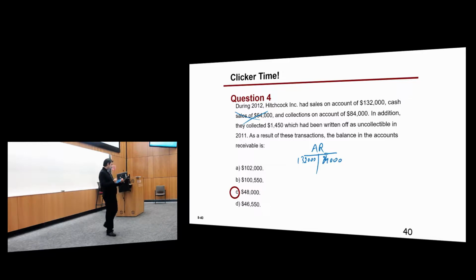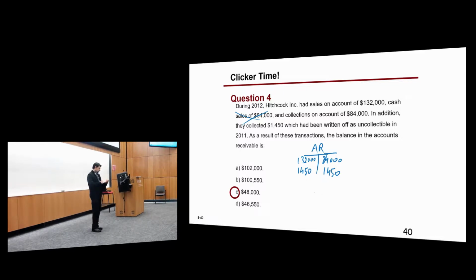And then we had an account that was written off, and we recovered that account. The recovery of uncollectibles, if you remember, does not affect accounts receivable because you will be debiting accounts receivable and crediting accounts receivable. So let's convert that to math.